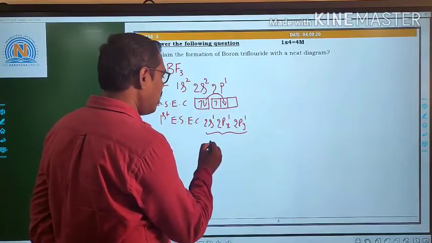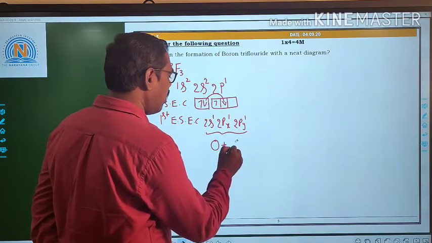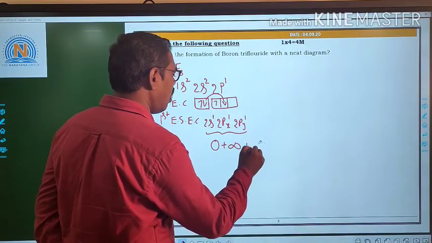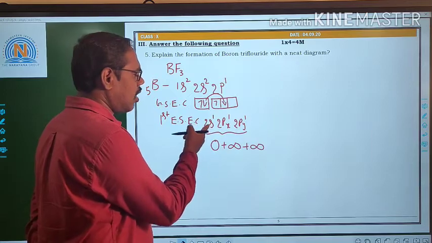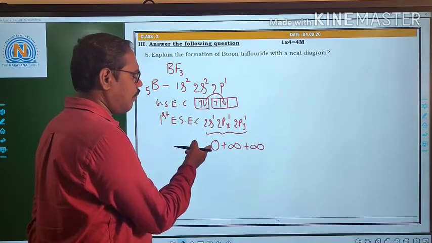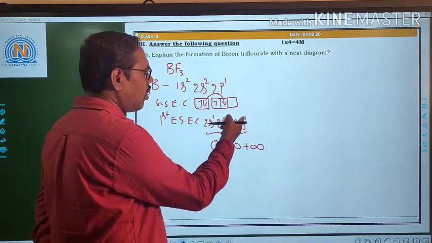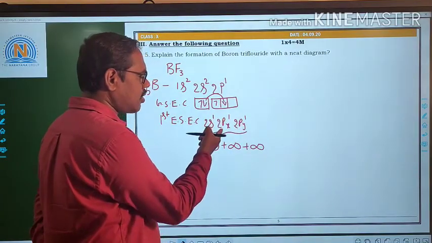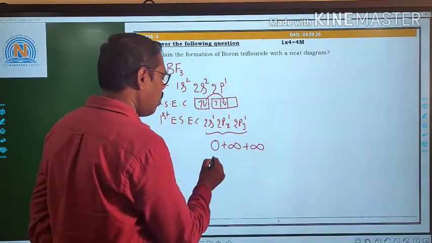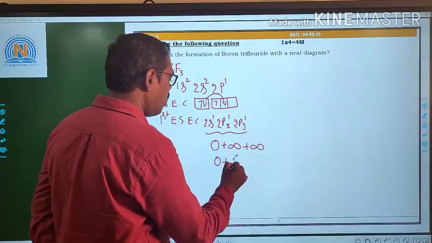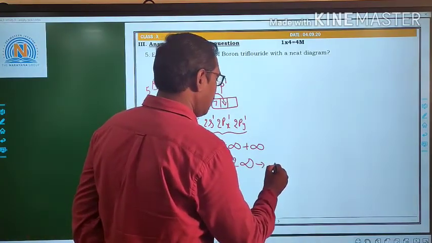These are 1 in the s orbital, and 2 in the p orbitals. The s orbital shape is spherical. Here total 3 orbitals, 1 s orbital and 2 p orbitals. Finally the structure is like this.